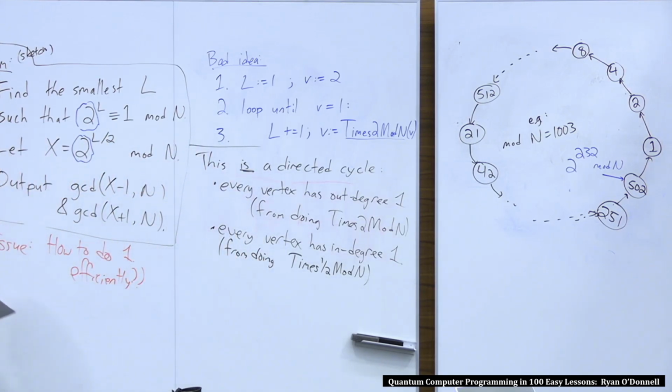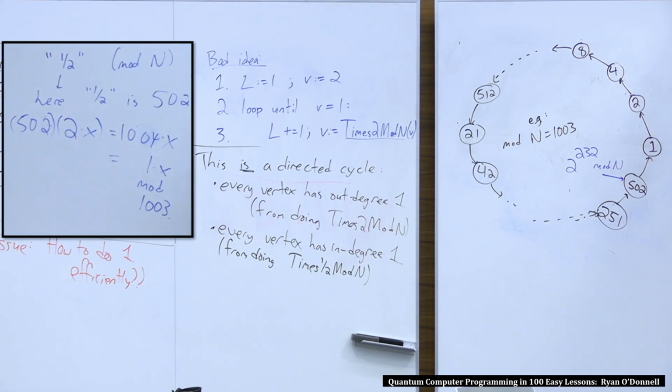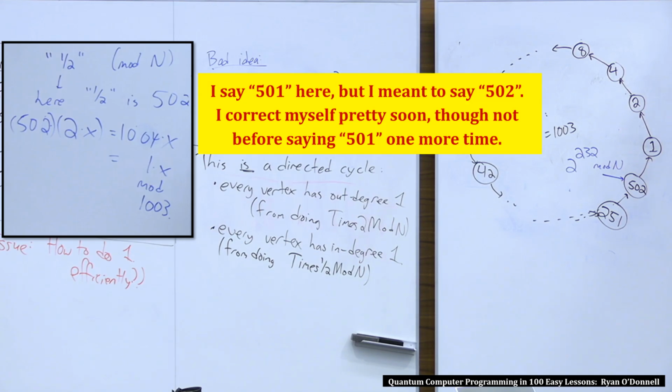And this is like a tiny bit of number theory, I guess I should say. Here, when I write half, I mean half mod n. That means the number which, if you multiply by that number and then multiply by 2, it cancels out. So in this case, here a half is 501.